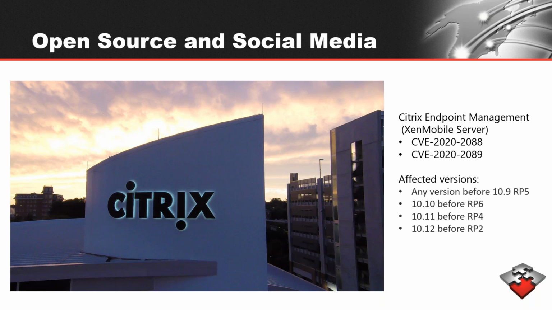Some of the configuration files that could be read typically contain credentials for external services used by the software, such as LDAP domain accounts, corporate email, VPN, web applications, and database servers. Citrix recommends immediately installing the latest security patches for these vulnerabilities.